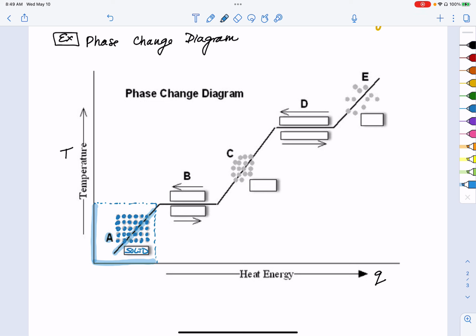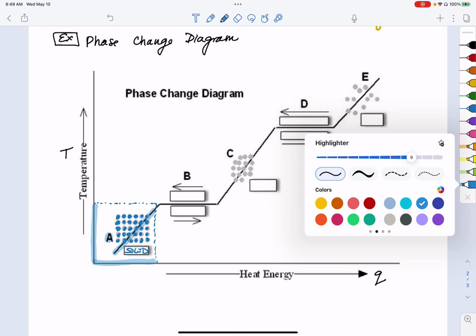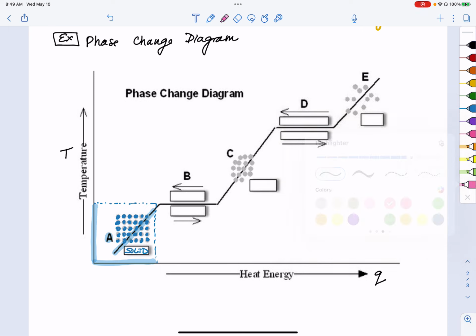Now then, what happens if we were to keep increasing the amount of thermal energy and thus upping the temperature of our system to the point where we first see signs of our solid beginning to melt? So this is region B on the phase diagram.